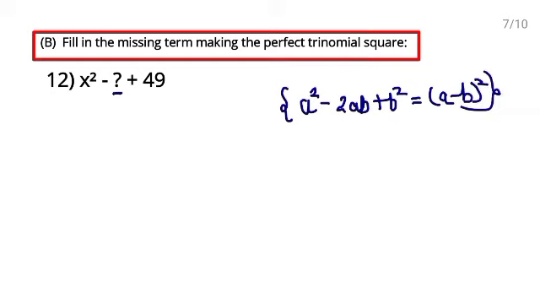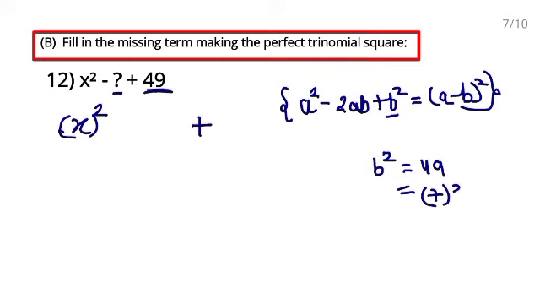So here a square is equal to x square, plus b square which is 49. b square is also equal to 49, and we can also write it as 7 raised to the power 2.